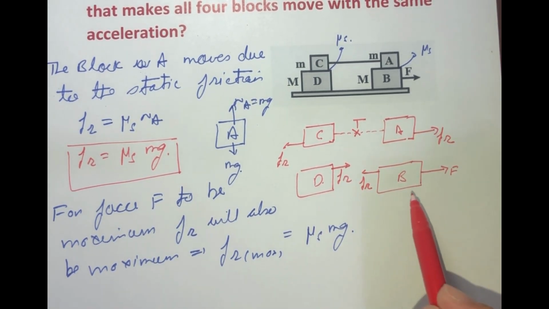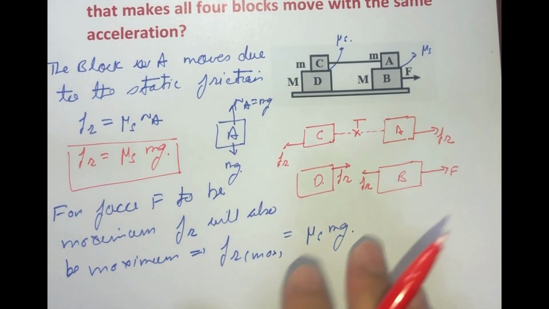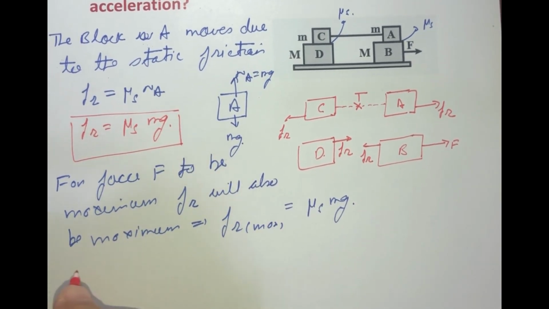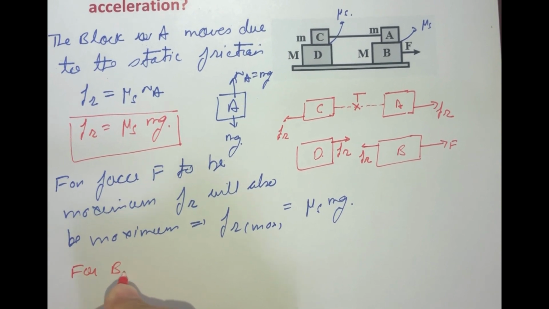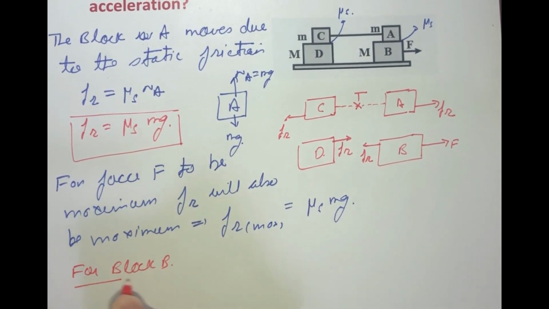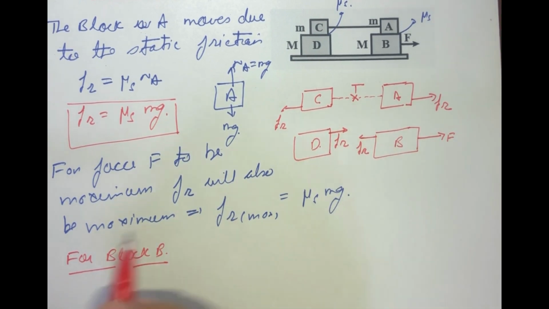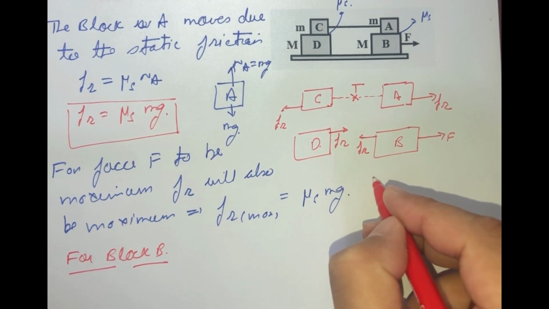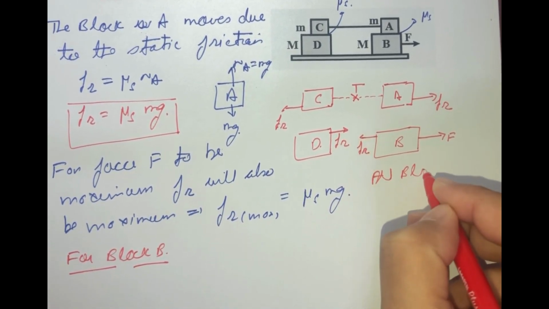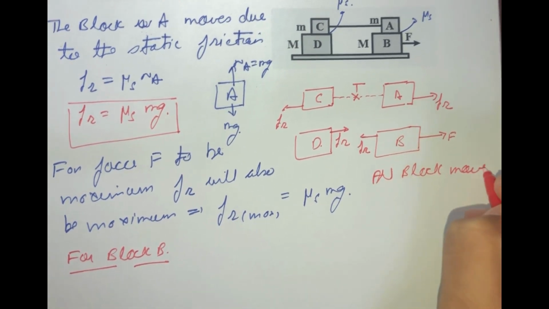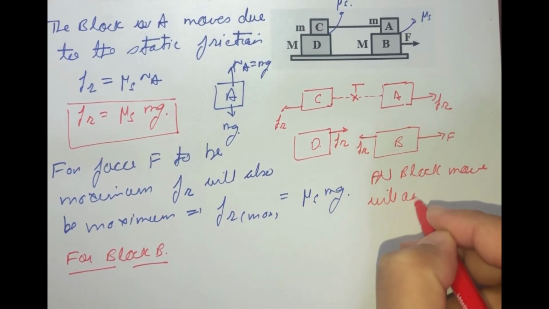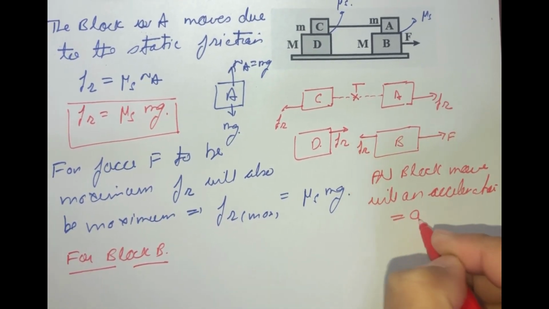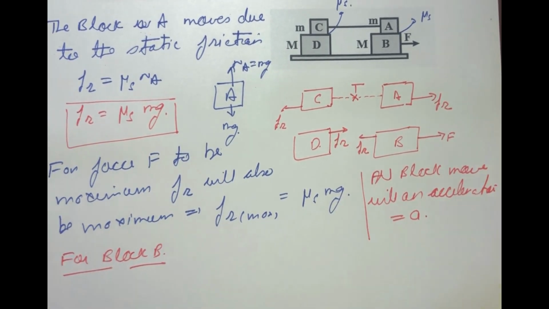Now we already have the free body diagram of each of the blocks. So let us start first of all with our block B. I forgot to mention that all blocks move with an acceleration which is equal to a.